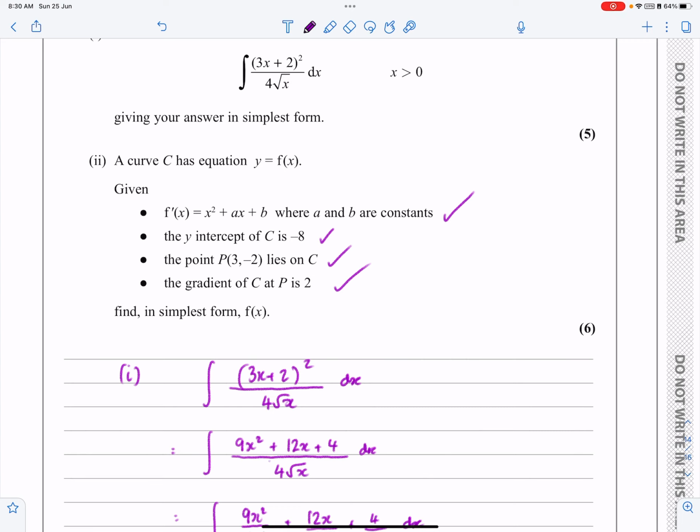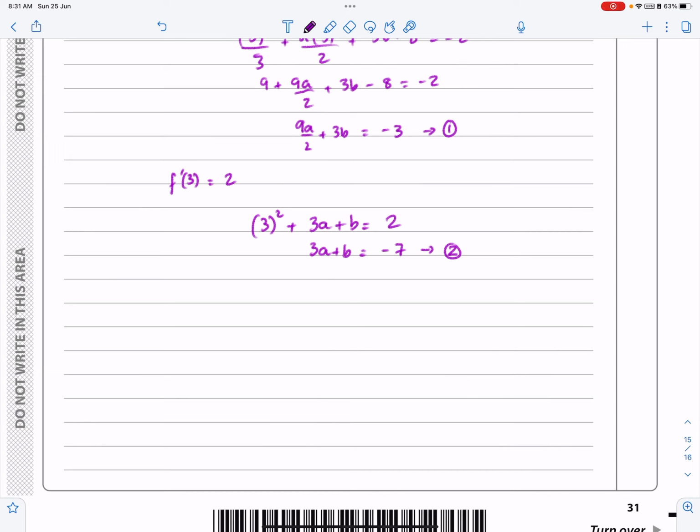So I've now just got a set of simultaneous equations here, equation number 1 and equation number 2, and we can just solve these to work out what a and b are. Let's just do that really quickly. If I do number 2 times 3, I'm going to get 9a plus 3b equals -21.